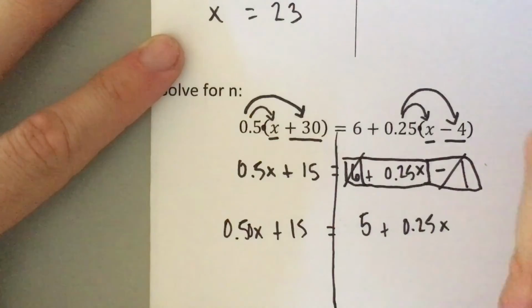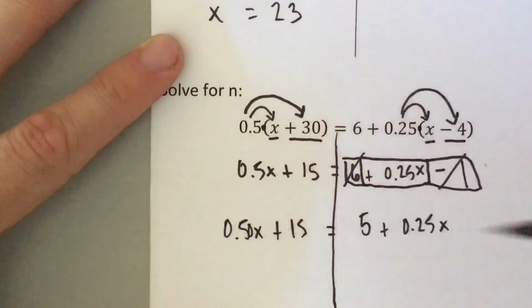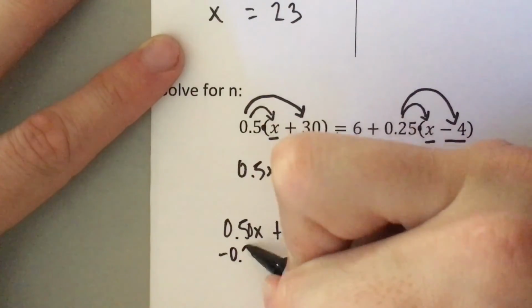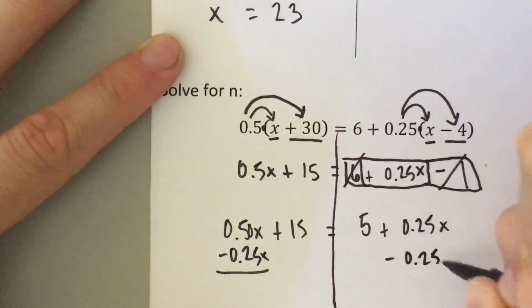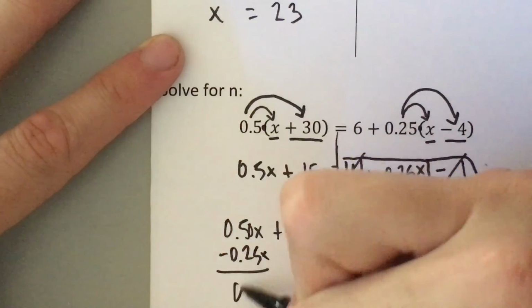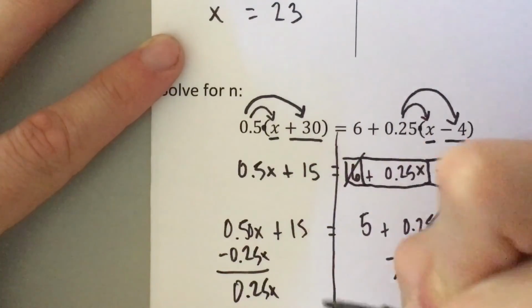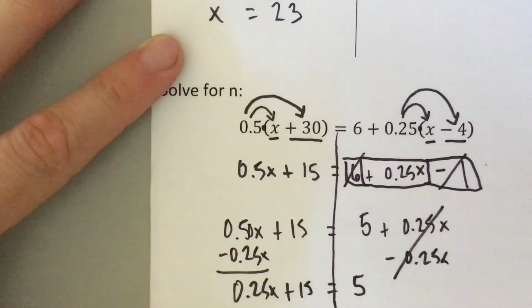My rule is I just like to go to the side where I have more x's. So I eventually want to get my x by itself on that side because I have more. So I can take the 0.25x away and do the same over here. To get rid of this, I just do the opposite. Over here, I'm left with 0.25x plus 15 makes 5.